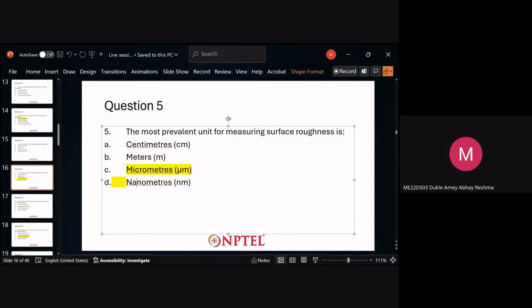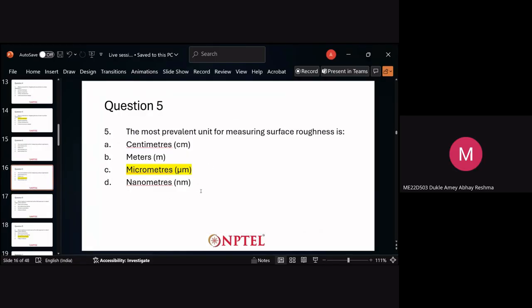I was in a hurry, so I just copy pasted what we got in the previous year's questions for this presentation. But usually the answer should be micrometers. Wherever you go in engineering, you will always find surface roughness in microns only.